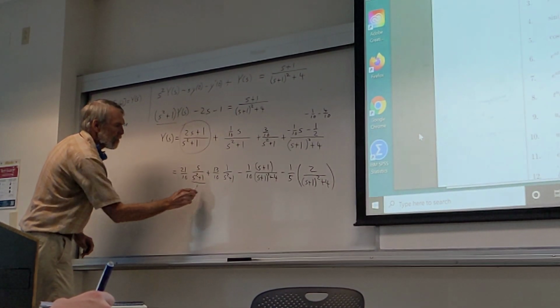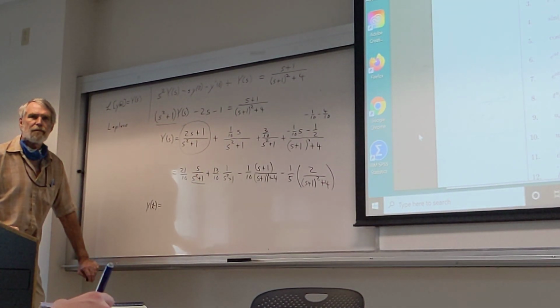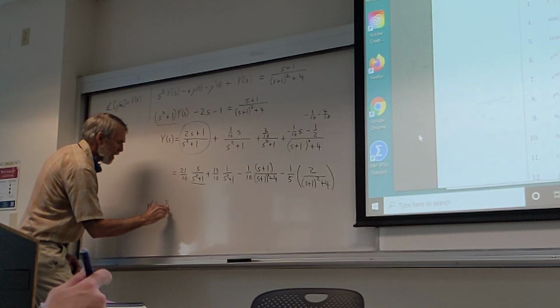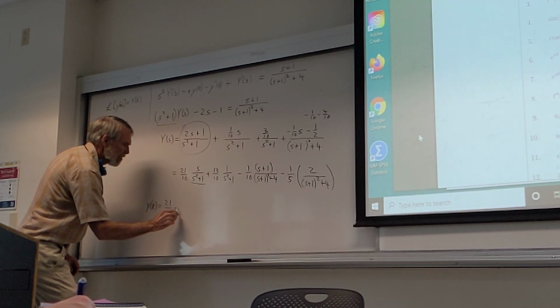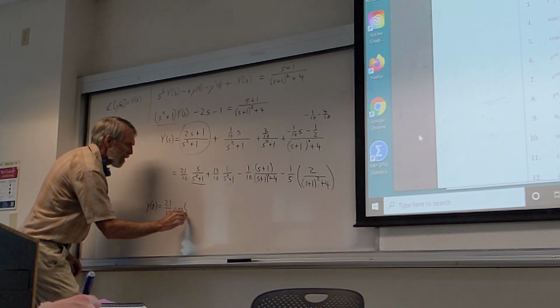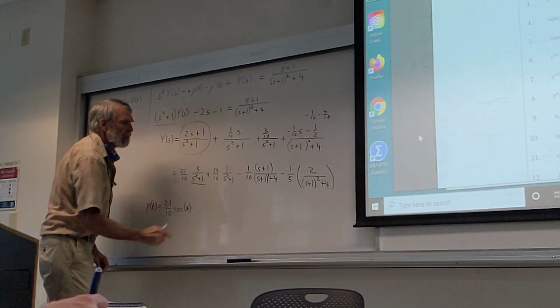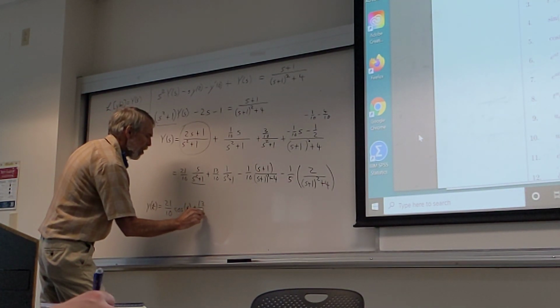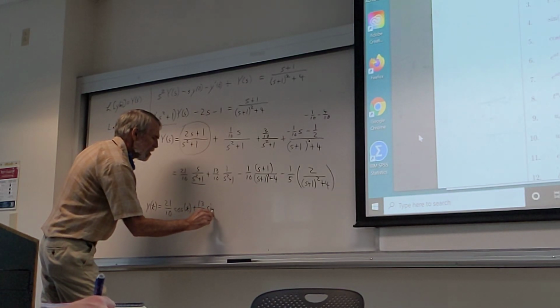What does this one invert to? Cosine of t. So we're going to get 21 over 10 cosine of t. What does this one invert to? Sine. So it's plus 13 over 10 sine of t.